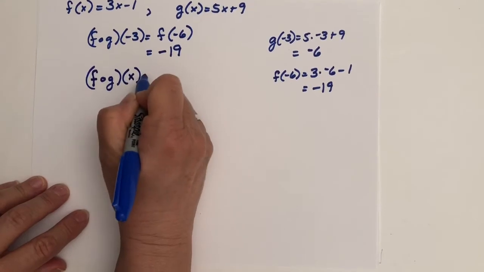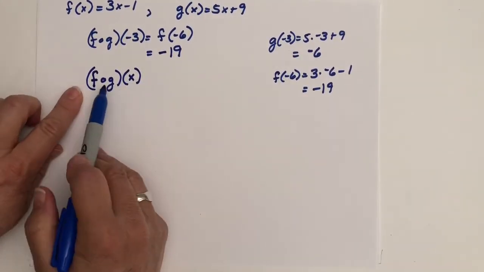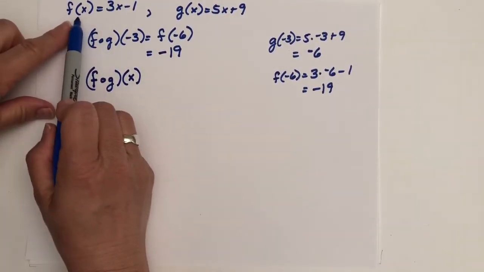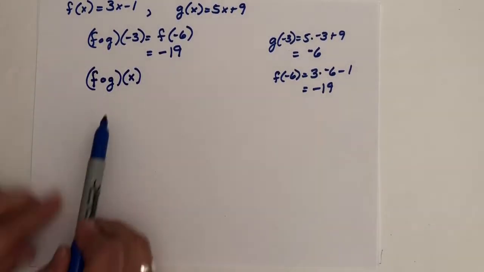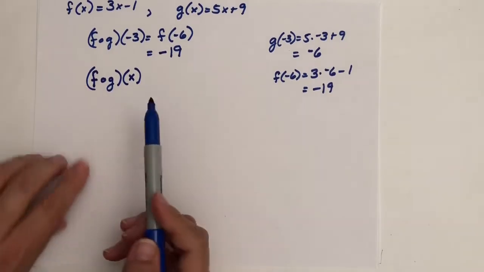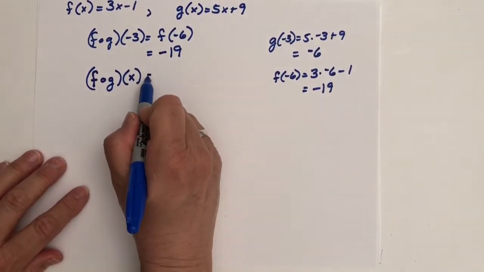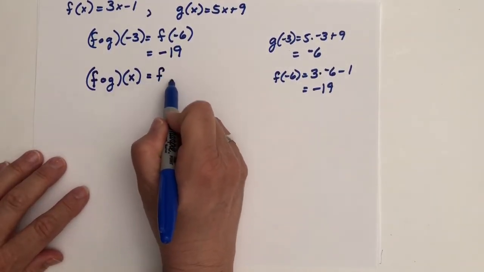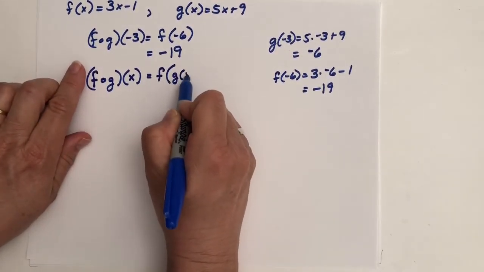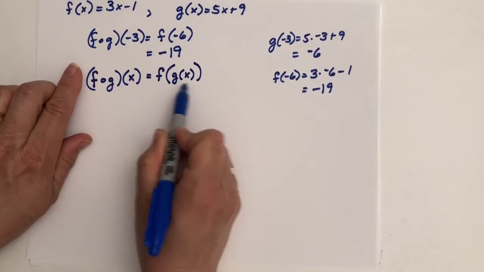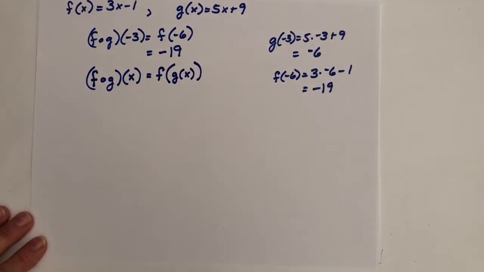You see this expression, which represents the composition of these two functions. Let me remind you what this notation means. It means that we have f of g of x. I went back to our notation that looks like this.